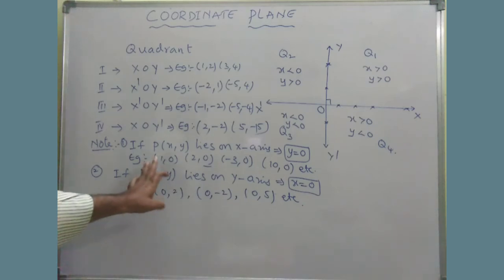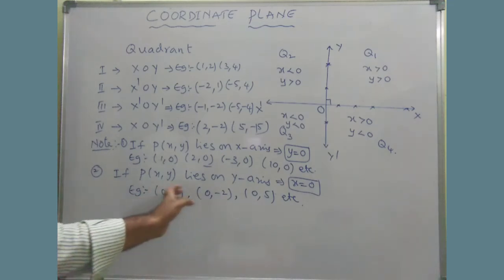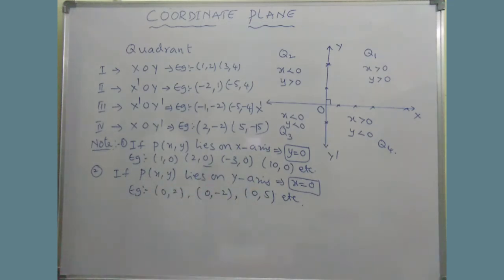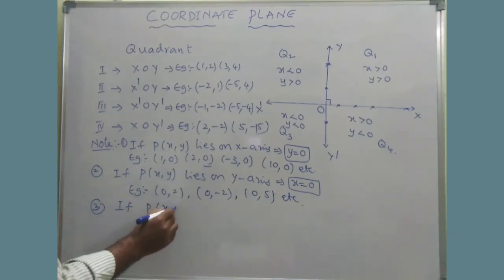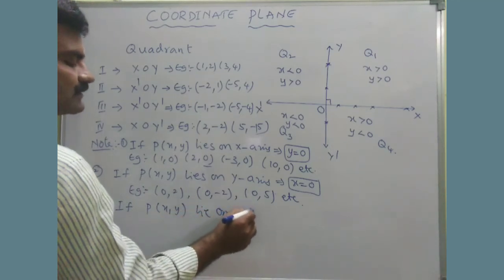If a point lies on the x-axis, then its y coordinate is 0. And if a point lies on the y-axis, then its x coordinate is 0. Then what happens if P, x comma y, lies on the origin?